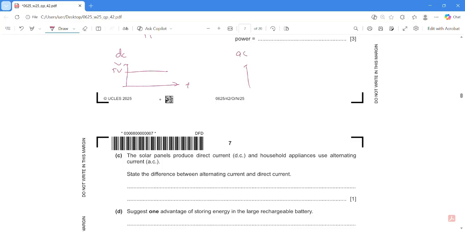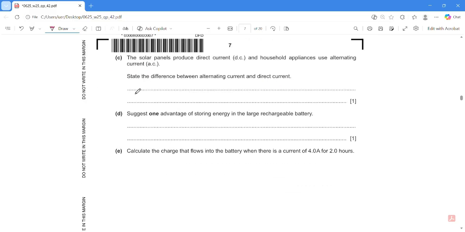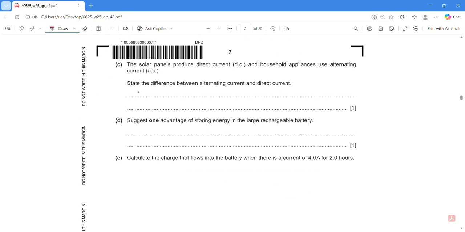So for AC, the value will keep changing direction. Okay, you have a sine wave, so it will keep changing between +5 and -5, for example. Okay, so how do we state the difference here? You just have to say the alternating current, the AC, will reverse direction.